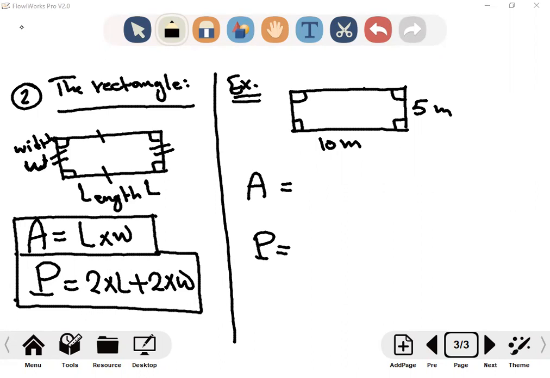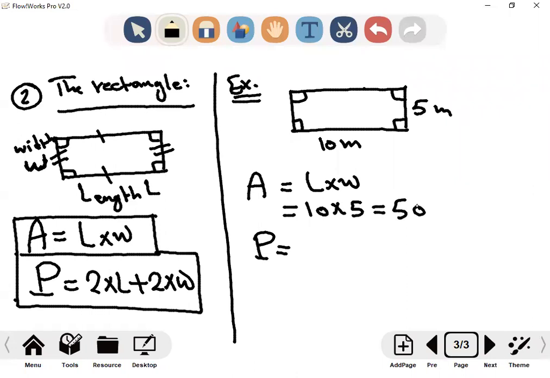Tell me, what's the area of this rectangle? Length multiply width, which is equal to 10 multiply 5, which is equal to 50. 50 what?